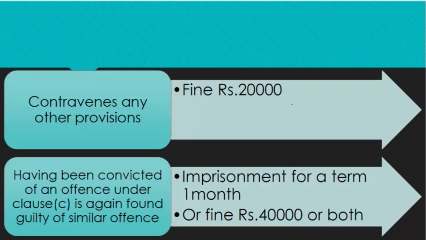It was done by some other person, maybe some other staff of his, and if he is able to bring that staff and prove that he is the one who has done this malpractice and not the employer, then the proceedings will be initiated against such other person and not against the employer. Okay, that is the only way an employer can come out of his offense or a charge that is taken up by the inspector or the authority.